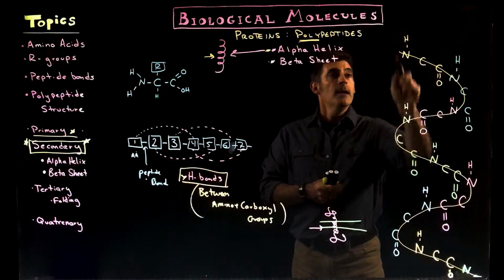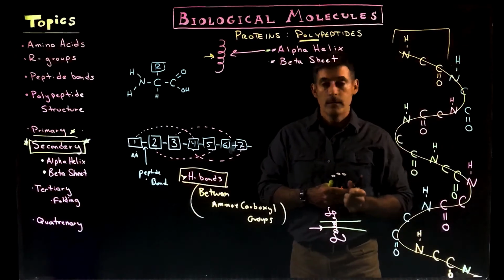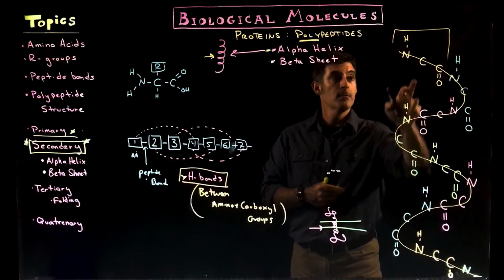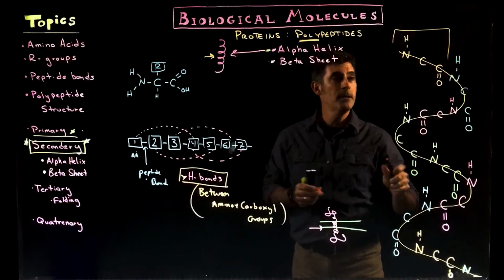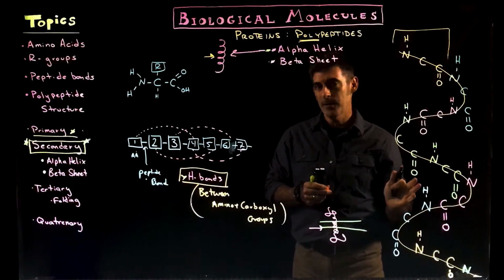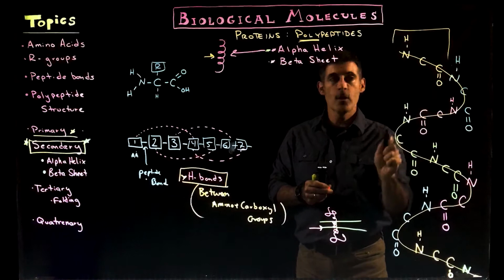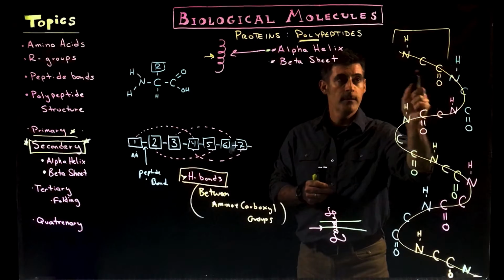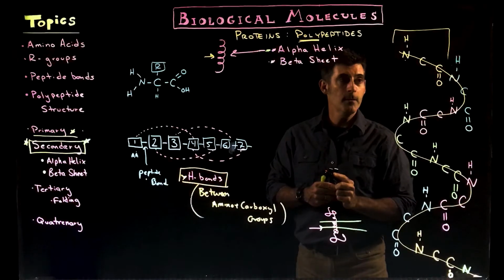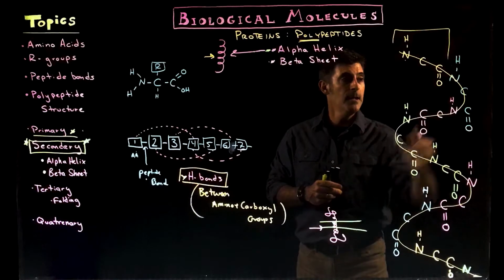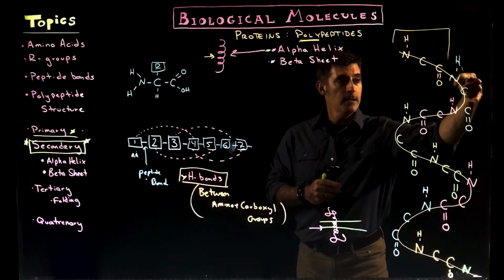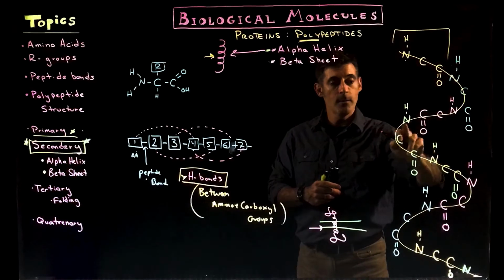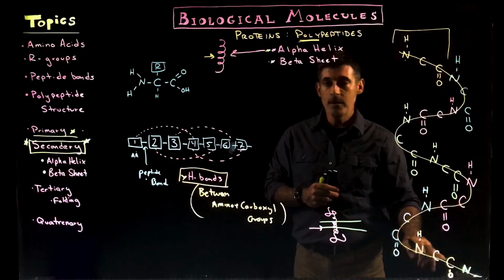Here you have a single amino acid. We're not drawing all the parts of the amino acid here, but you can see it represented with color. That's the central carbon. Here's the carbon of the carboxyl group, and here's the nitrogen of the amino group for that particular amino acid. And then here's the next one: nitrogen, carbon, nitrogen, nitrogen, carbon, nitrogen. You can see these are the amino acids.